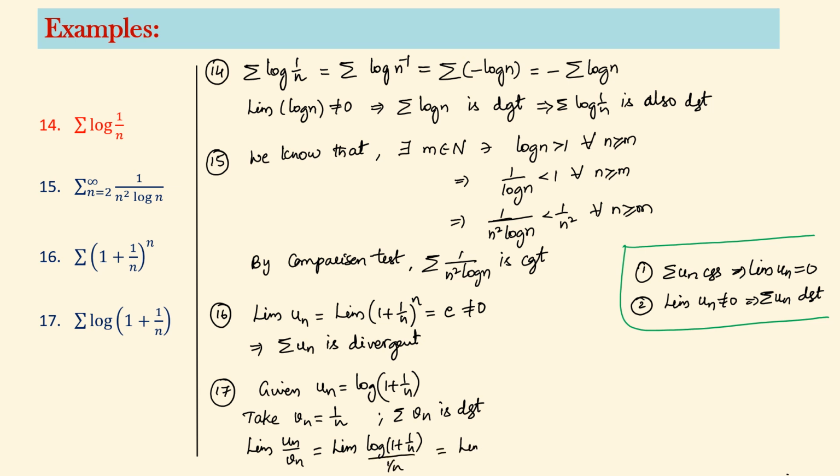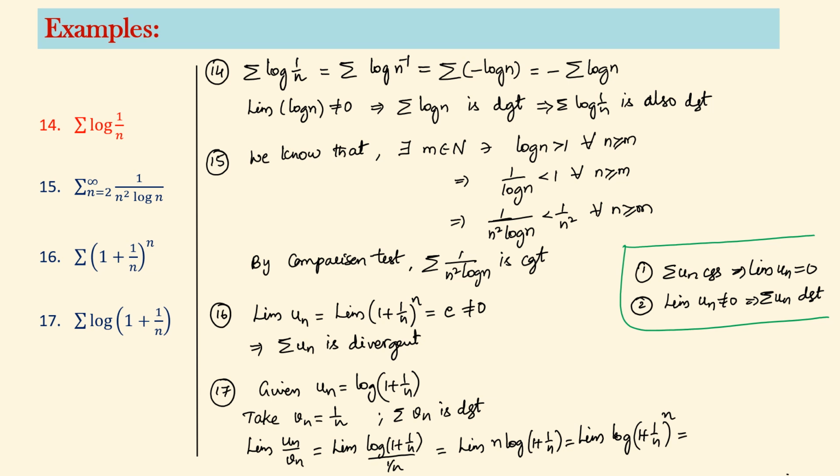So 1 by n will go to the numerator and becomes n times log 1 plus 1 by n. That is equal to limit of log 1 plus 1 by n power n.